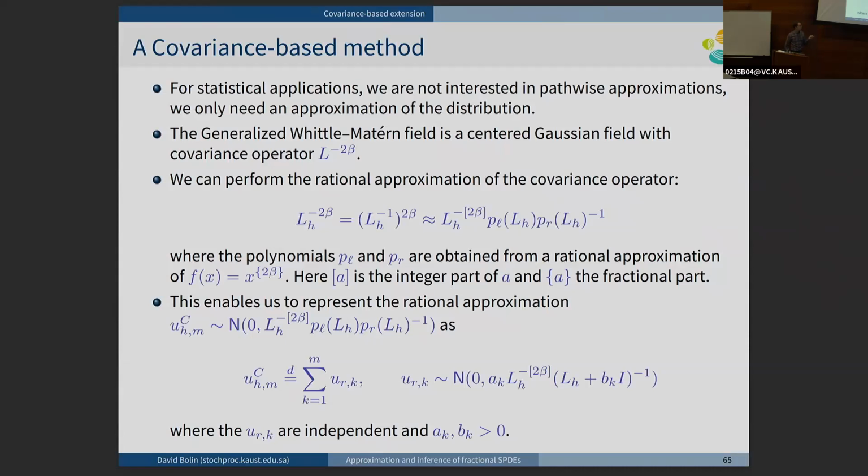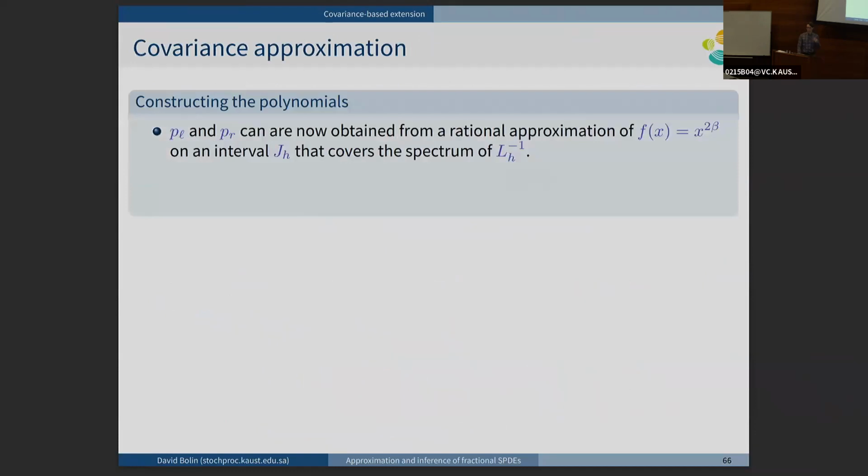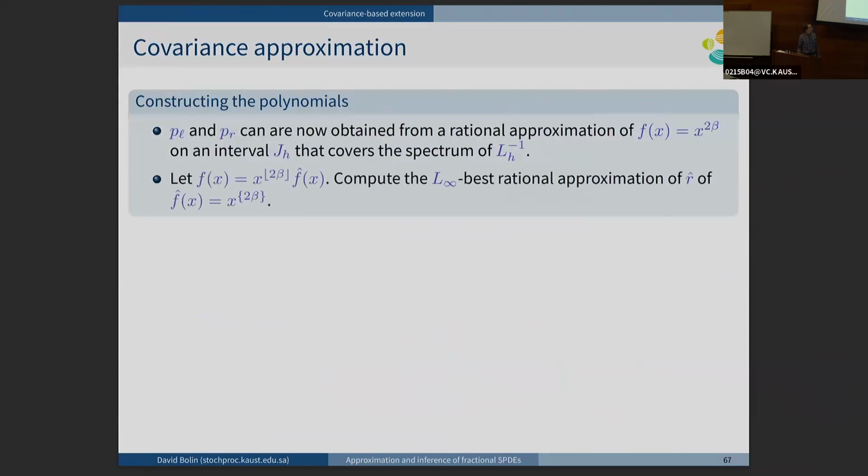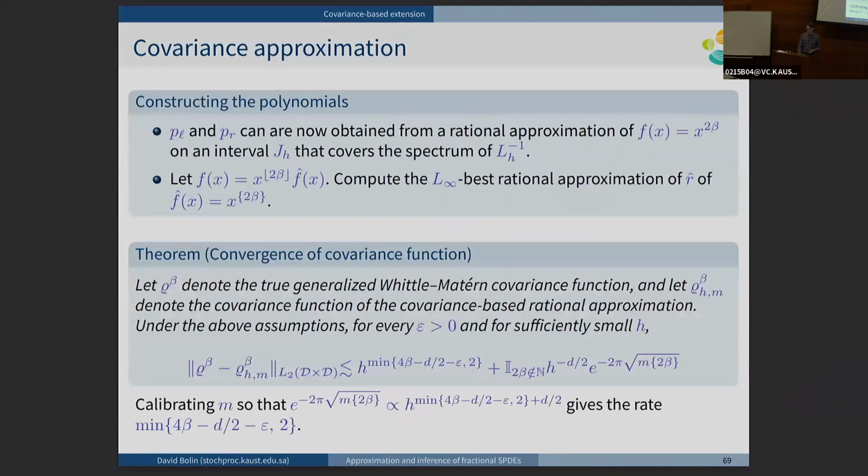And this will be quite beneficial for doing more numerically stable statistical inference. All right, so if you compute these polynomials in the same way, you do the rational approximation of this function to get the coefficients. Then we have the following result that shows the rate of convergence now for the covariance function.